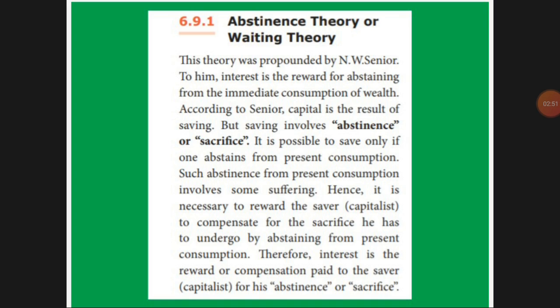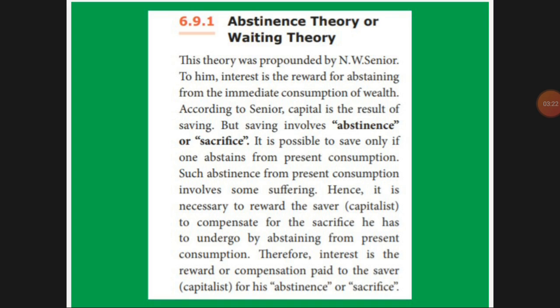Without a sacrifice, he cannot save. That savings involves subsistence, because that sacrifice involves some suffering. For that suffering, we have to give some reward. That reward is called interest.